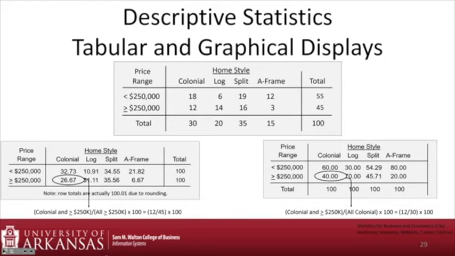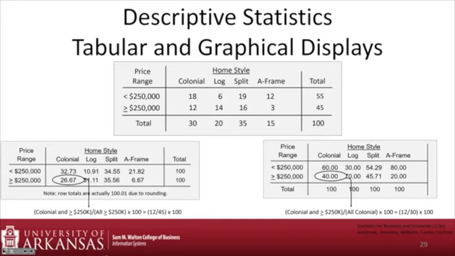Right? So in the lower price range, the split home style happens the most. Right? But if we're going to talk about home styles, we may want to be looking at the columns. So in the colonial column, there are more less expensive houses as opposed to more expensive houses. Okay? But I can't use these totals to answer that question. Right?